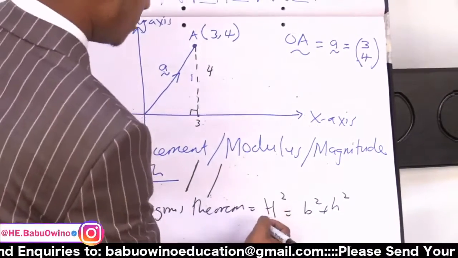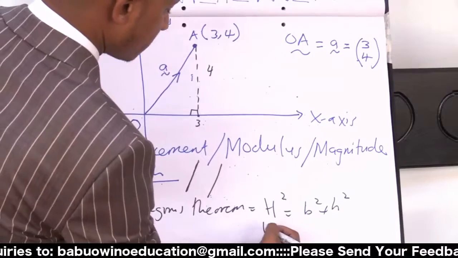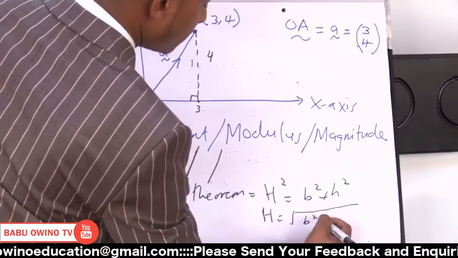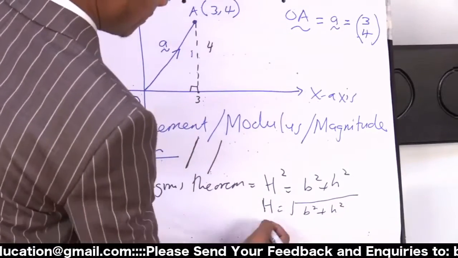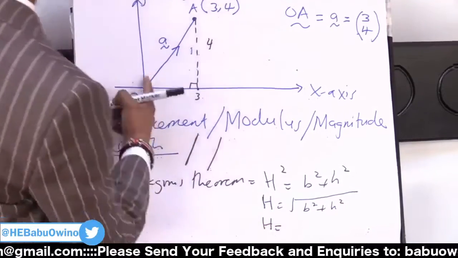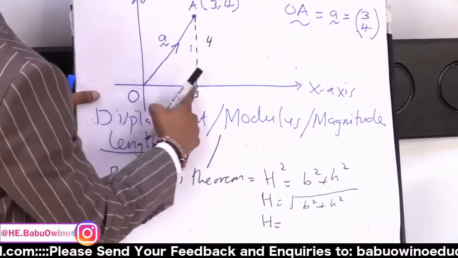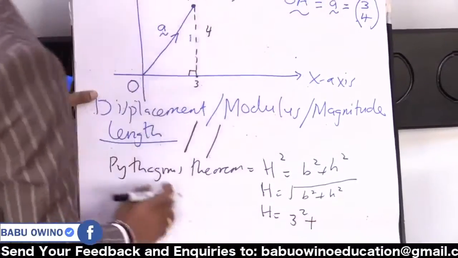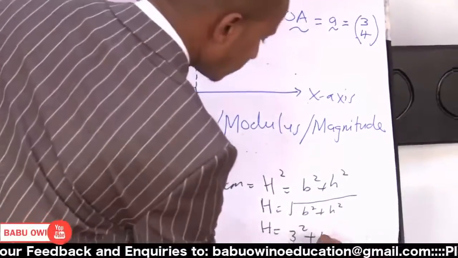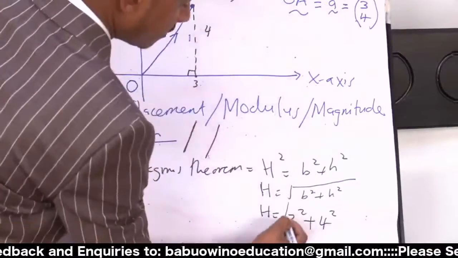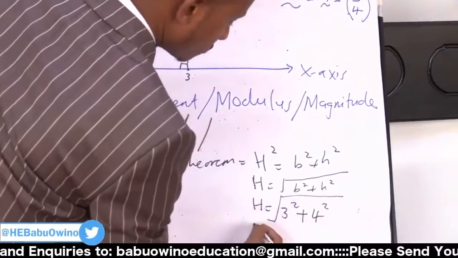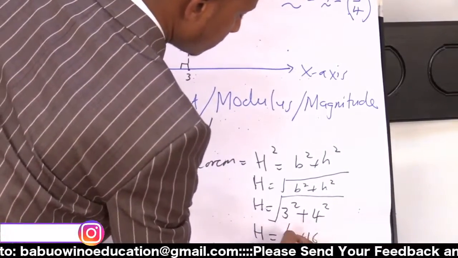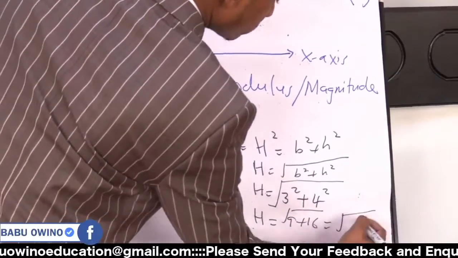So our hypotenuse h, making h the subject of the formula, equals the square root of base squared plus height squared. Therefore, h equals the square root of 3 squared plus 4 squared. So h equals the square root of 9 plus 16, which is the square root of 25.